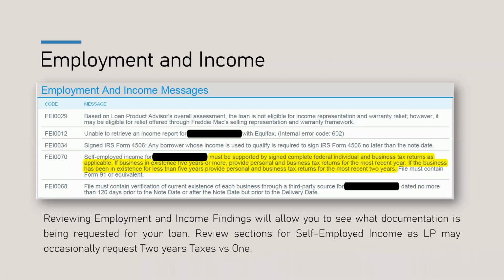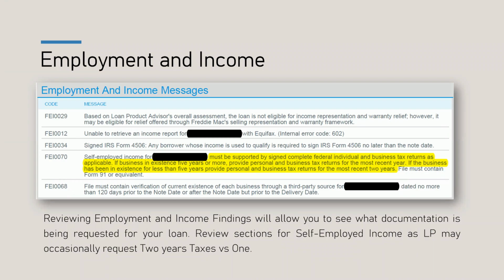Employment and income. A lot of people like to use LP for self-employed borrowers. So please keep in mind that even if you get an LP accept, it may still require you to get 2 years of taxes.